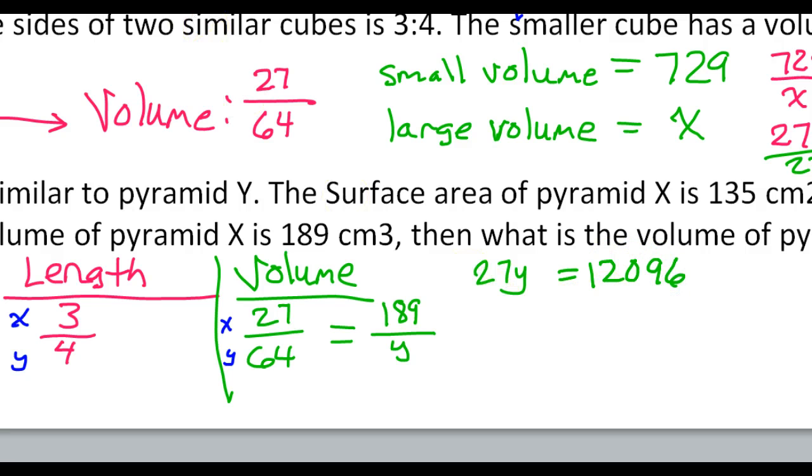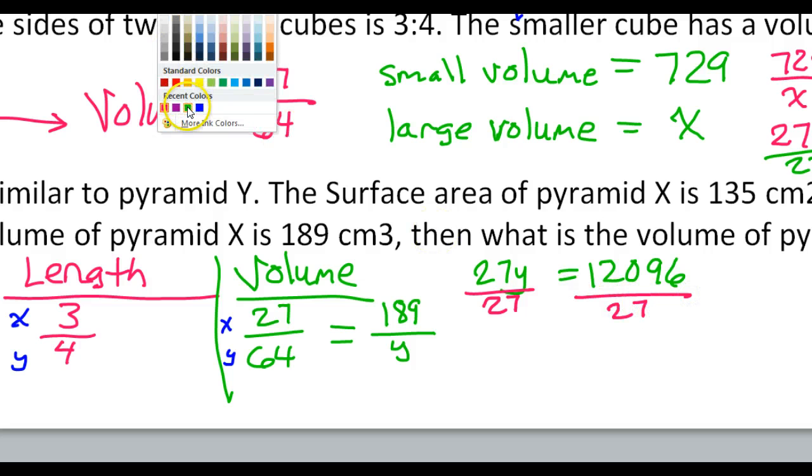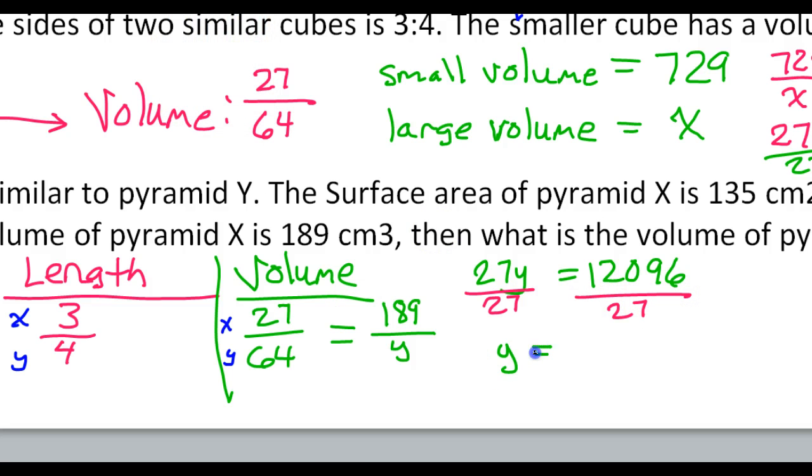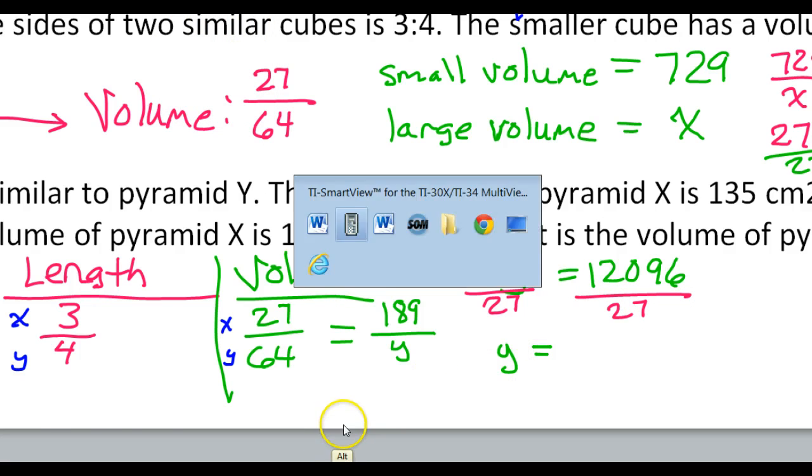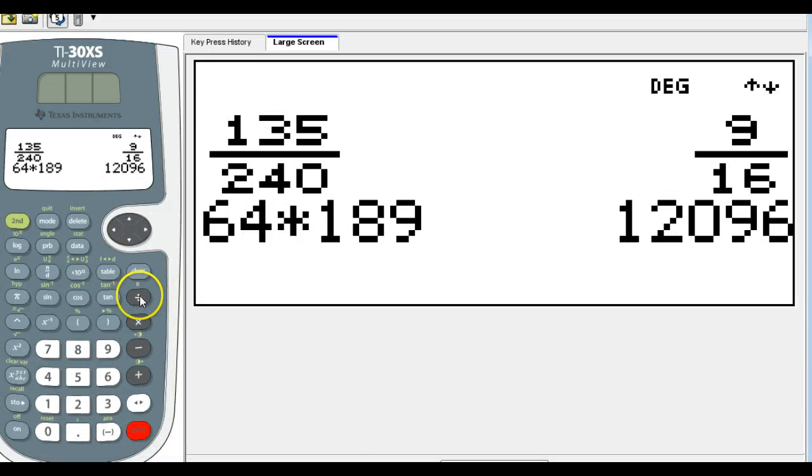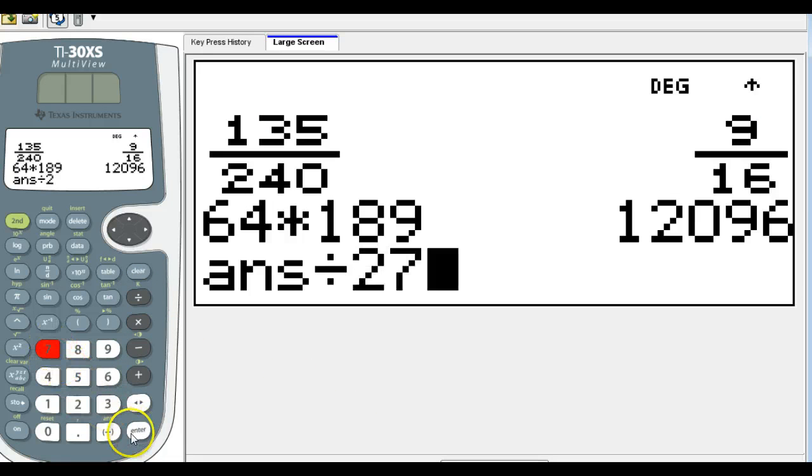Divide both sides by 27, and we get 448.